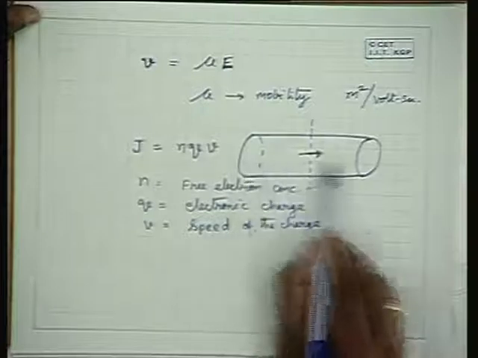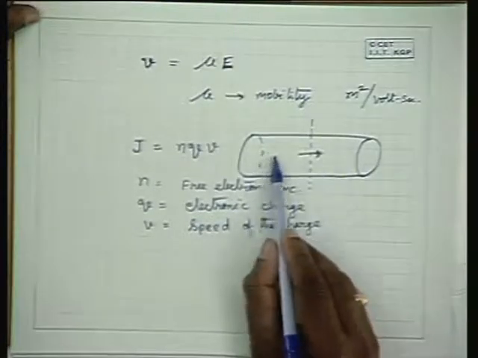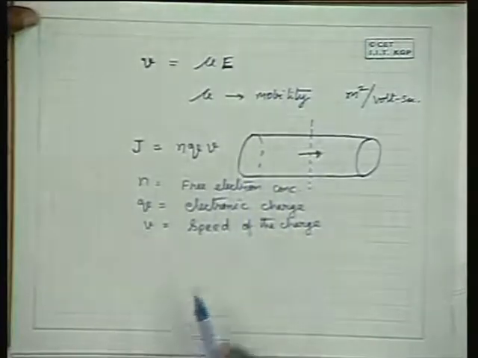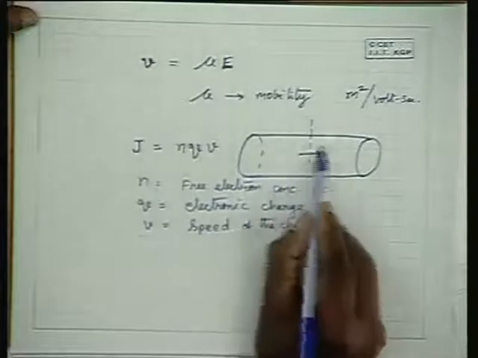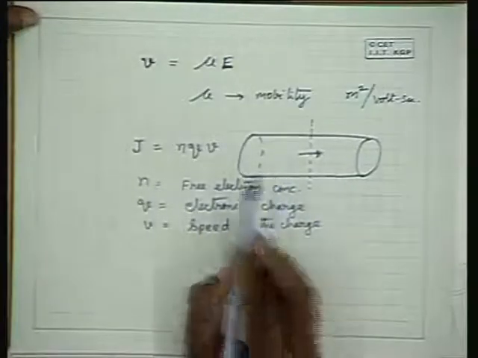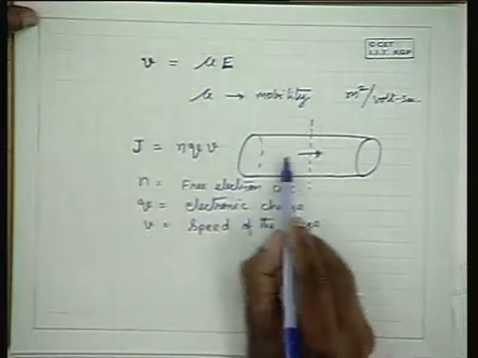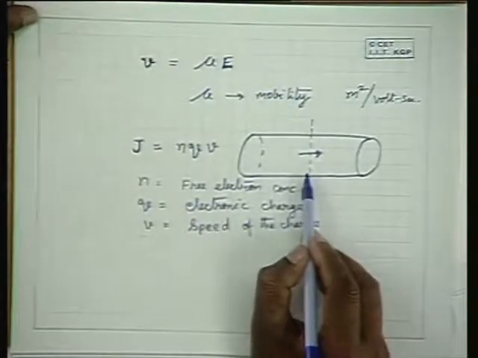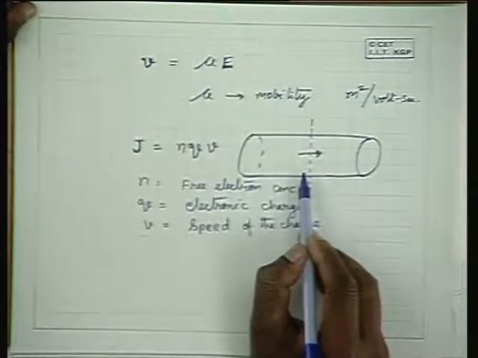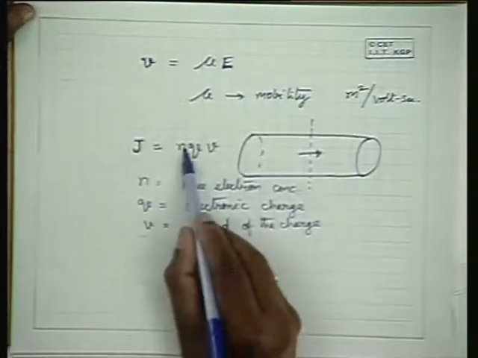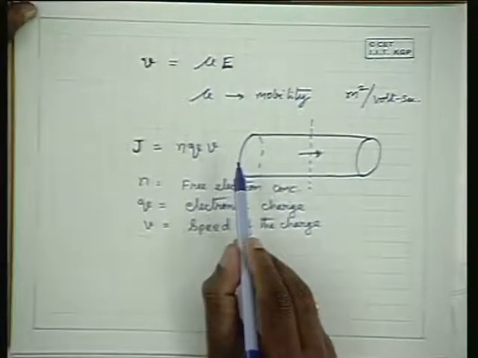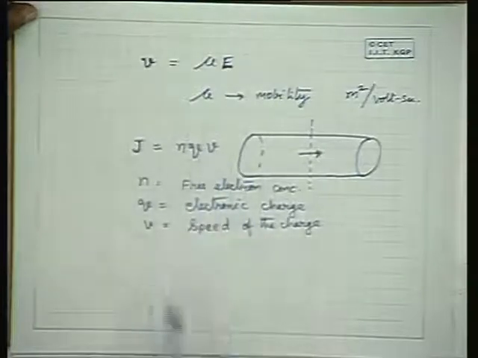So, if due to an external field the electrons possess an average speed of V and the concentration of free electrons is N, the current density, or the current flowing across the surface per meter square, is NQ into V. It can be very easily shown. Okay. So, this is the expression.